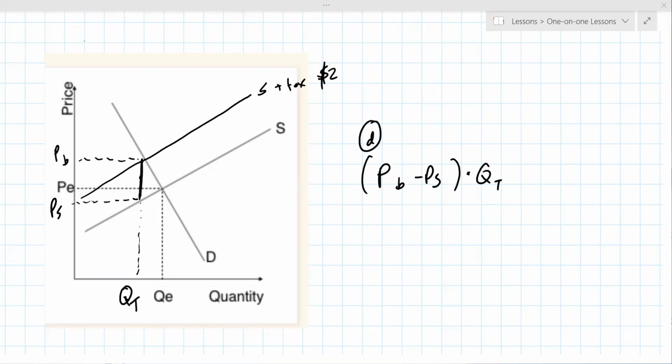Wait, so for BI, which one is labeled PB? Oh wait, okay, so that one right there. So you got PE price. You got here, PB up here, QT, PB, PS right there.